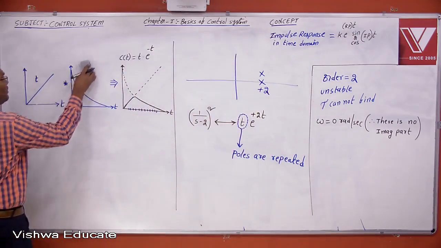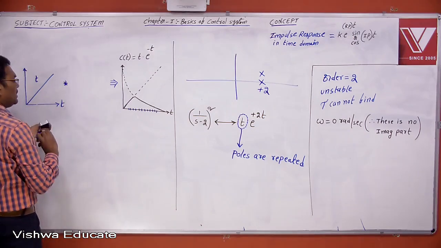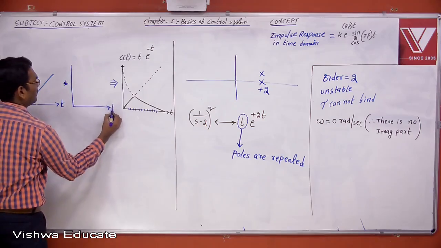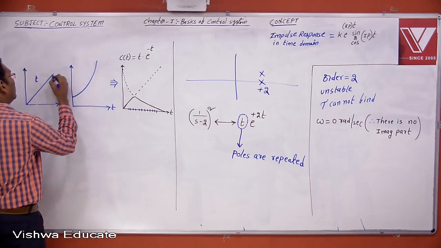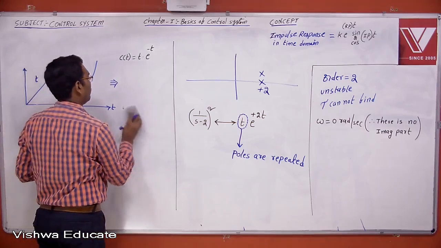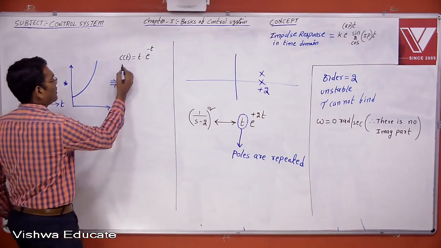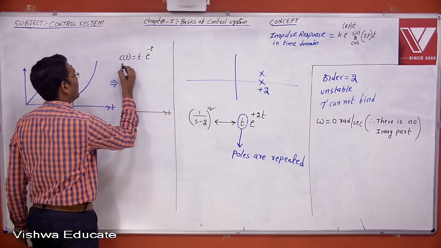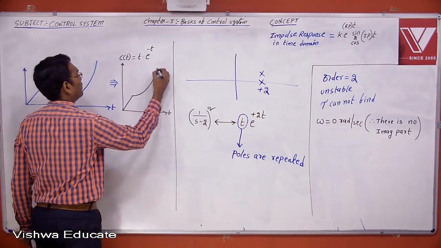Now this is a ramp and this one is exponentially increasing. But now these both are moving towards the infinity side, right? Therefore, the overall response is nothing but one is linearly varying, another one is increasing. Both are moving towards the infinity side.